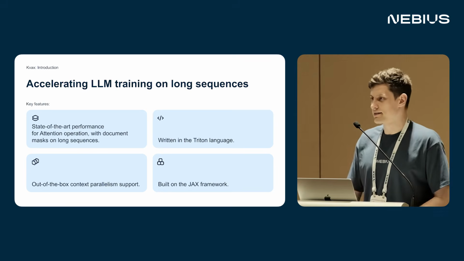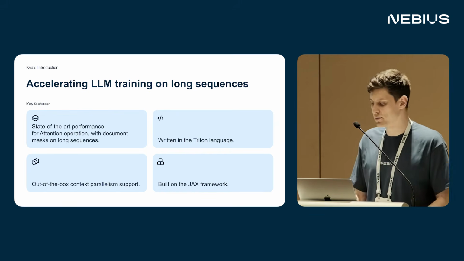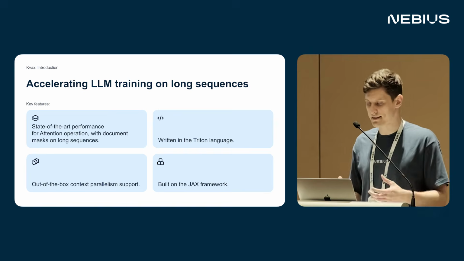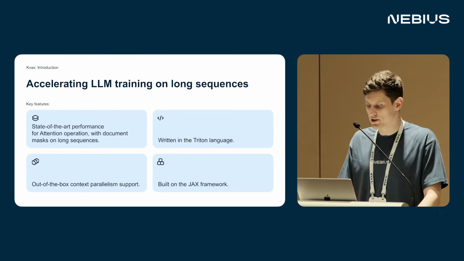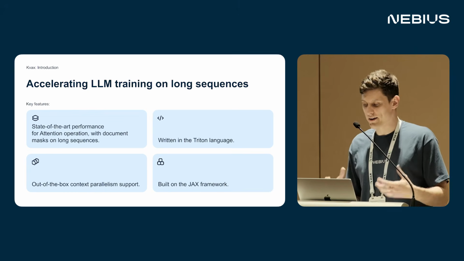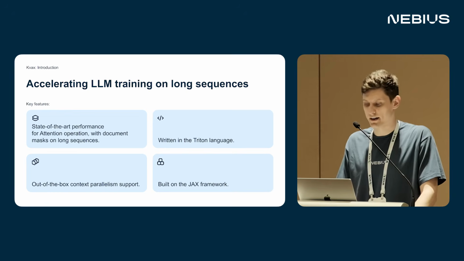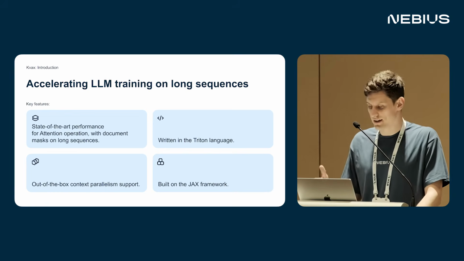It's written in Triton, which makes it easy to maintain and extend with new features. Plus, it includes out-of-the-box support for context parallelism, which allows you to use it for training on very long sequences if you have the hardware. And fundamentally, it's built on top of the JAX framework.